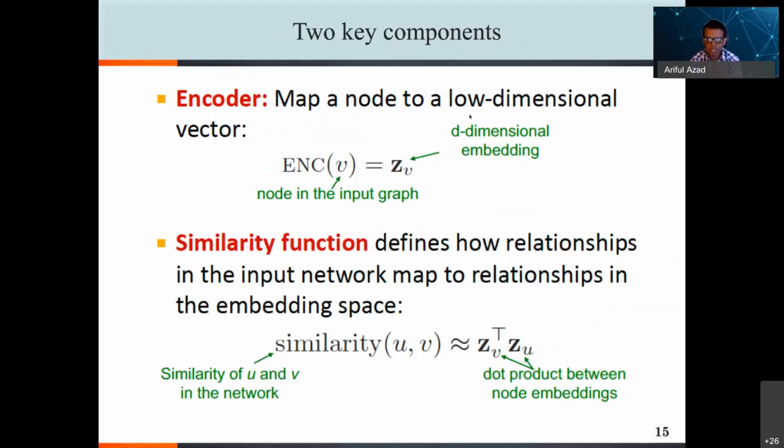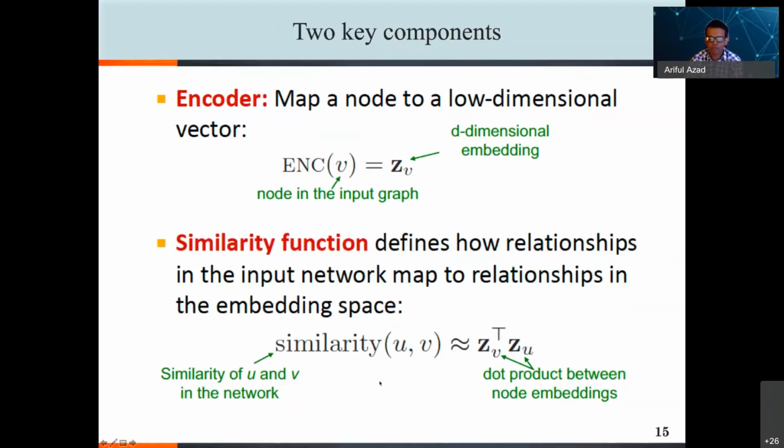So in graph embedding algorithms, we have two components. One is called the encoder. That means given a vertex, we have to encode the vertex by a vector in d-dimensional space. And we need to define that in any algorithm. And then we have to define the similarity function.